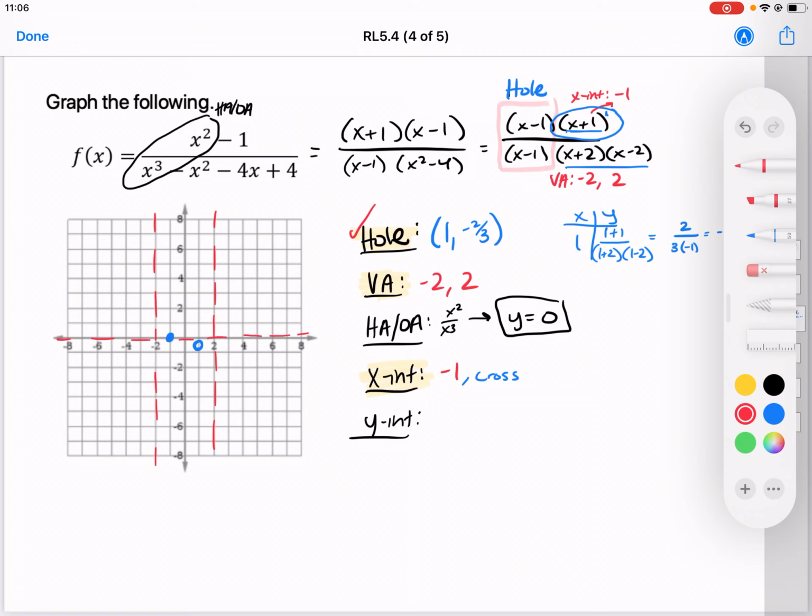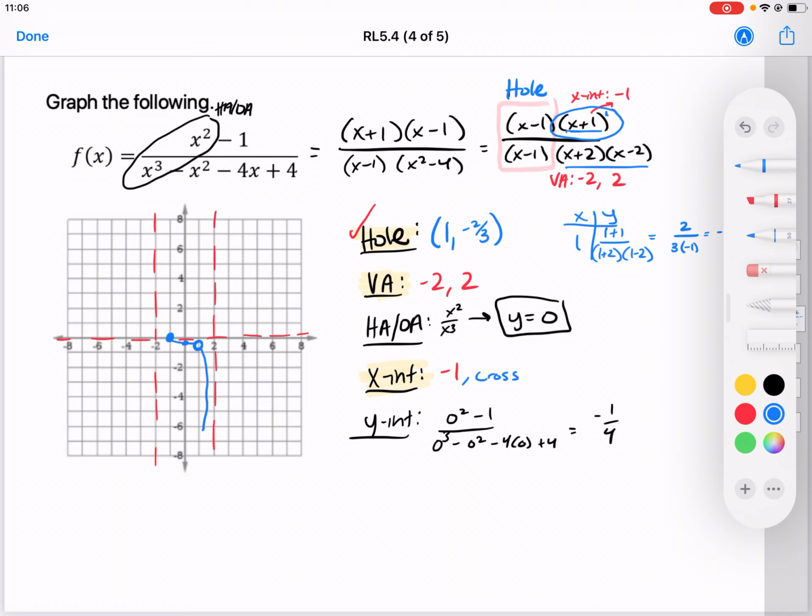Then our y-intercept is where you plug in 0 for all your x's. So you've got 0 squared minus 1 over 0 cubed minus 0 squared minus 4 times 0 plus 4. That's just negative 1/4. So notice it's just your constants in the numerator and denominator. We've got negative 1/4, that's right here roughly. So these points, you're going to connect them.